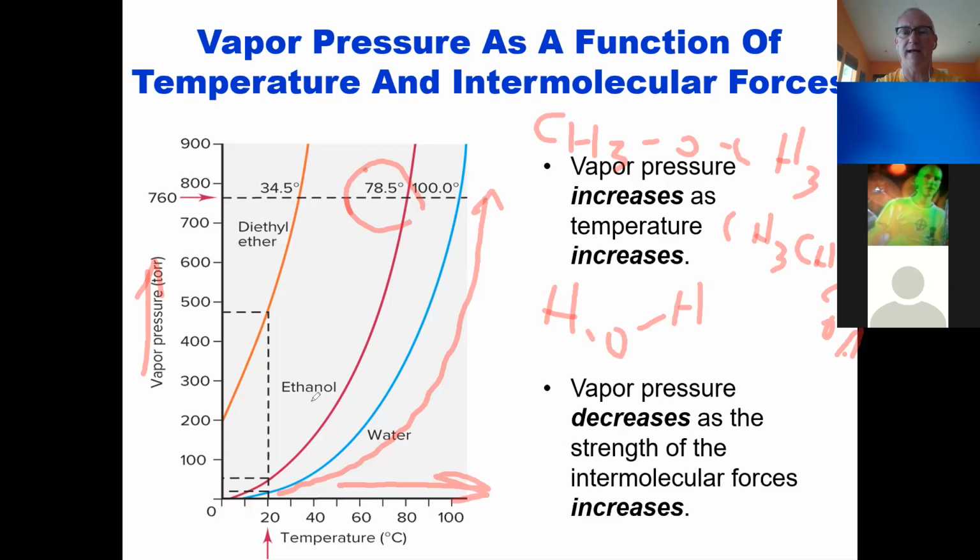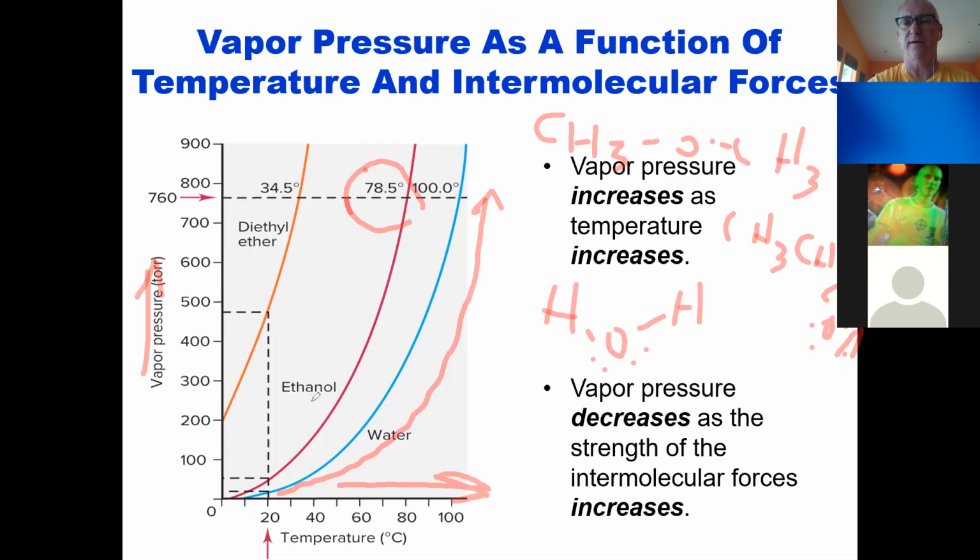So we can see water has oxygen here with its two lone pairs, and so it's pretty polar. Ethanol has oxygen with its two lone pairs on one end, and so it is also polar, but not as polar as water.